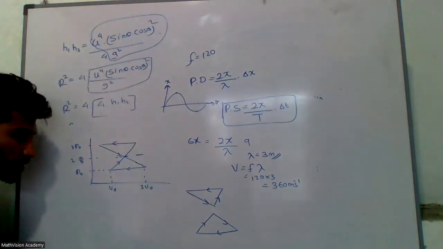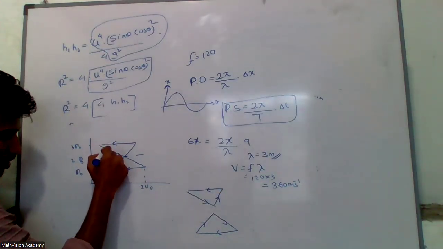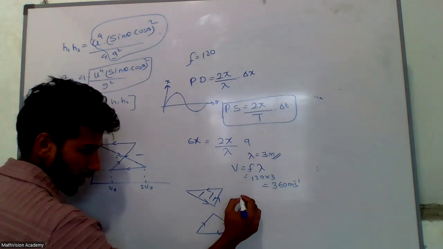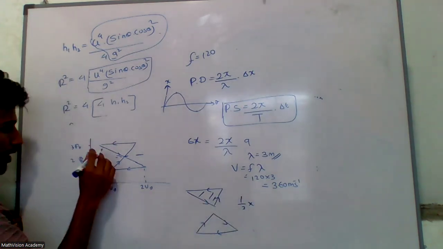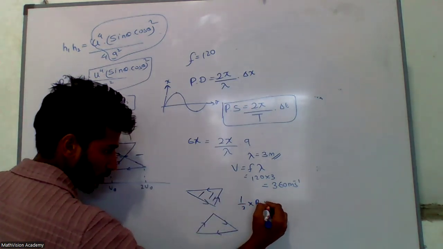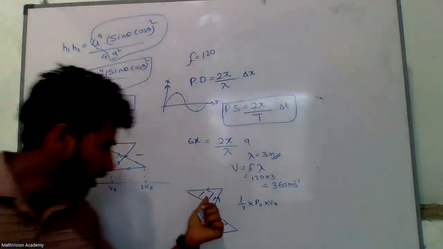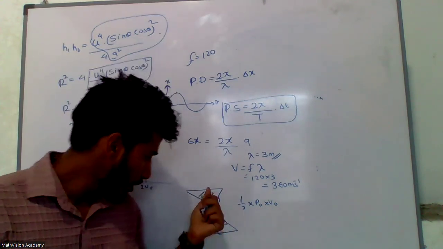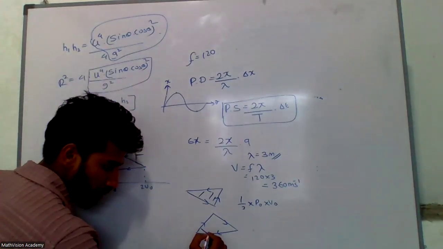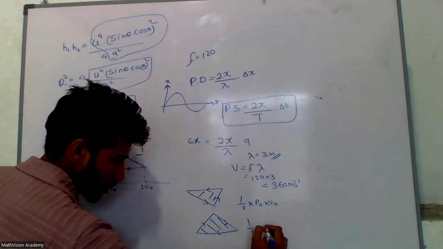But let's find it with calculations. If you take this section, the net work done is the area of it. It is half into the area: 3P0 minus 2P0 is P0, and the volume difference is V0. That is the net work done by this section, the area inside the region surrounded. The net work done by this one is half P0 into V0.